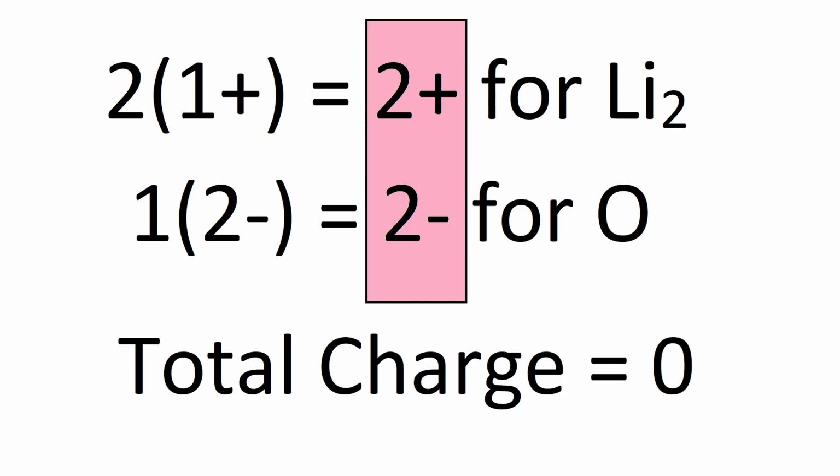And for oxygen, you only need 1 oxygen atom, and it had a 2 minus charge, so it's just 1 times 2 minus equals 2 minus. And then when the total amount of charges together equals 0, and that's what you want for a stable molecular thing.